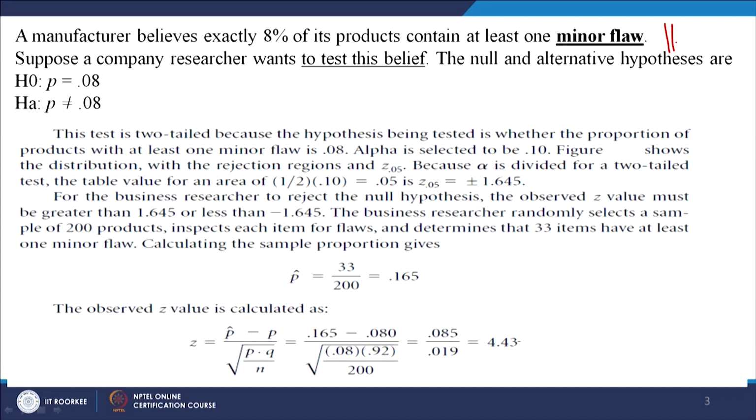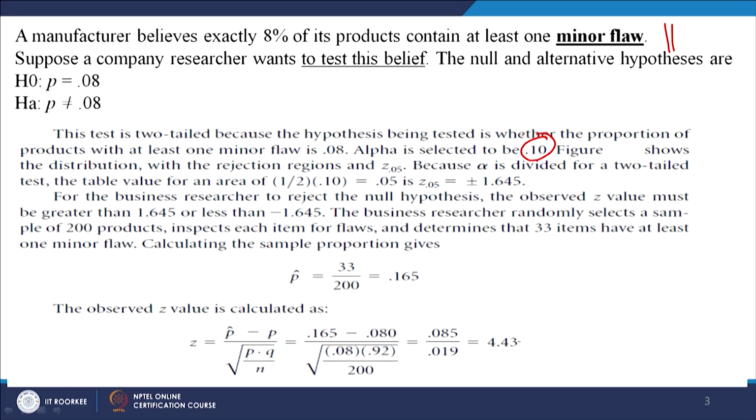Let us look at a question like this. Let us say the engineer at a shop floor thinks that 8% of products contain at least one minor flaw, and this is the hypothesis which he wants to test at the 0.10 significance level.